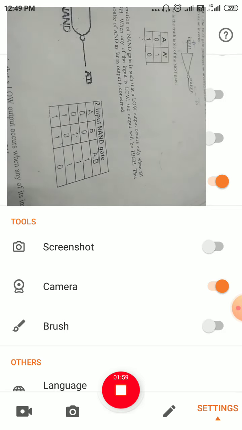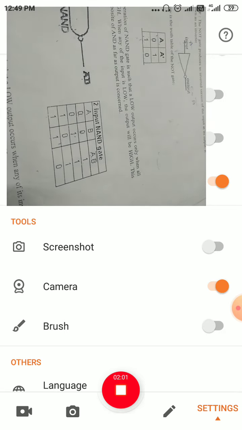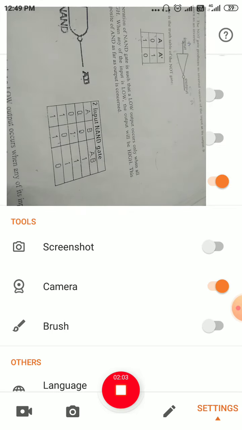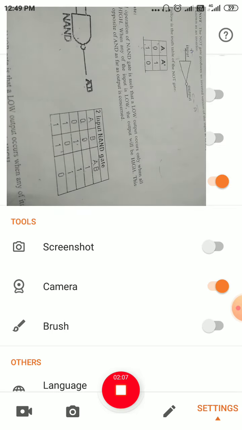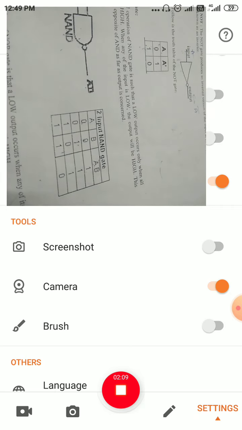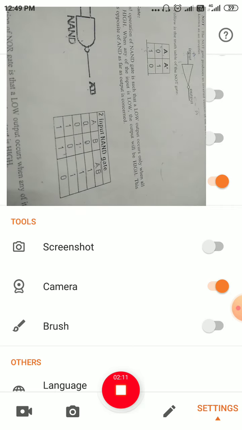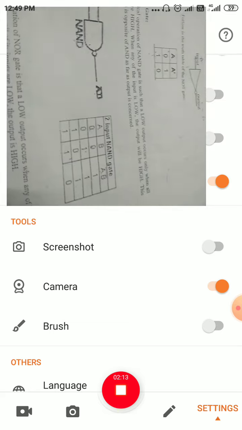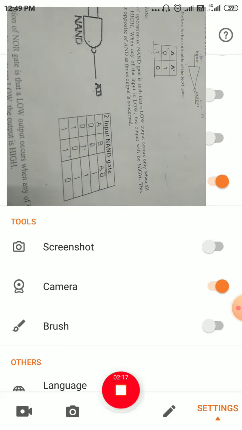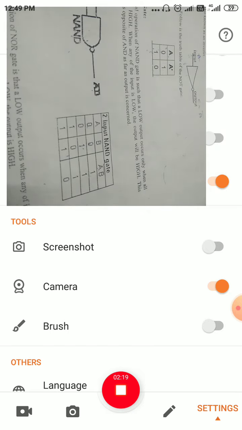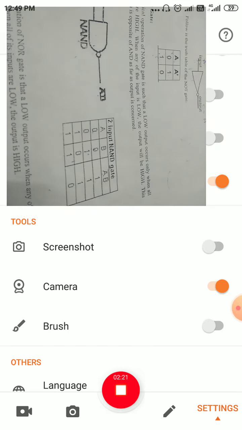And the next, A is 1, B is 0. The multiplication of A into B, 1 into 0, is 0, and the complement of 0 is 1. And the last input combination is 1 into 1. A is 1, B is 1. 1 into 1 is 1, and the complement of 1 is 0.